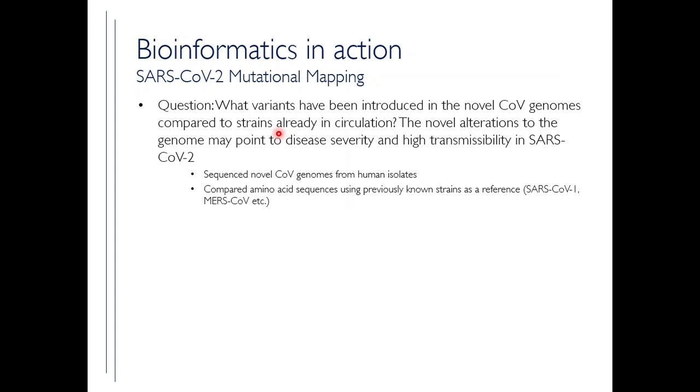Coronaviruses have been around for years. Things like MERS or indeed the initial SARS coronavirus a few years ago. So all they did was they wanted to see what mutations this particular variant of coronavirus has that the other ones perhaps didn't, that may point them in the direction of why it was so serious and highly transmissible.